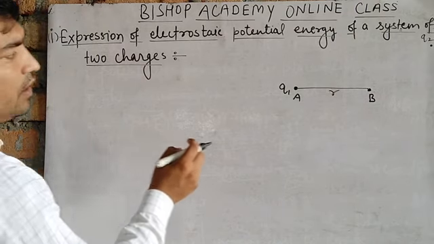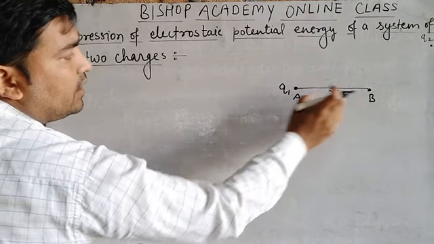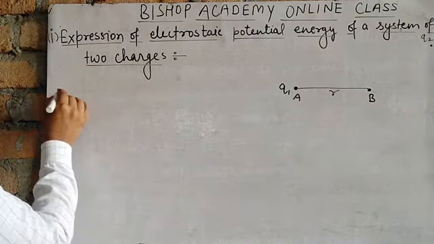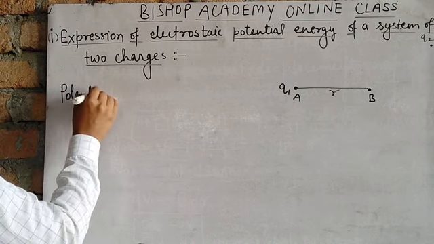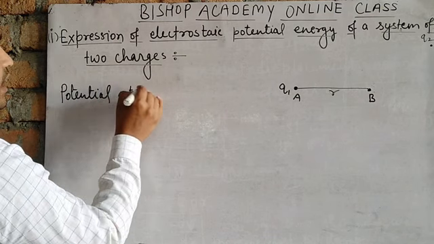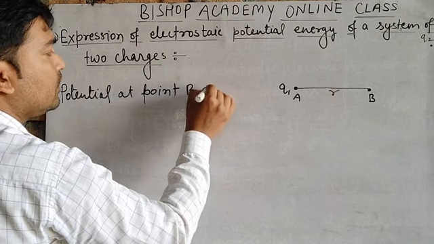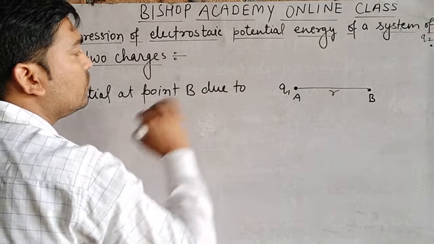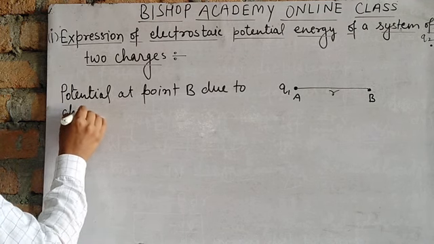Now first of all we have to find out potential at point B due to charge Q1.